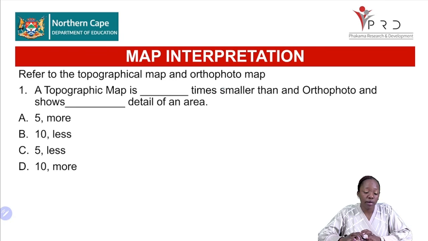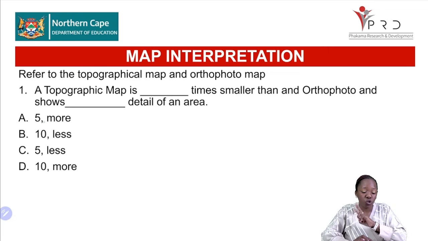Our question number 1 is a 2-in-1 question. It's a multiple choice, but you need to make 2 choices. So for a topographic map, here we are looking at how many times it is smaller than the orthophoto, and what things are shown in detail in that area.